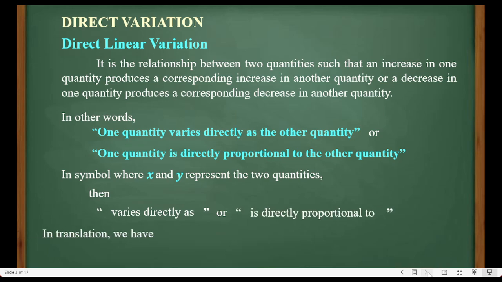So y varies directly as x, or y is directly proportional to x. In mathematical translation, we have y is equal to kx, where k, if we solve this equation, is equal to y over x.